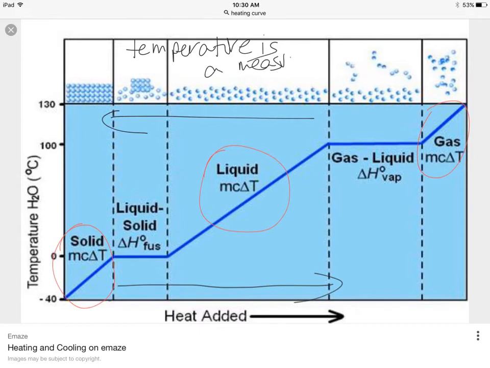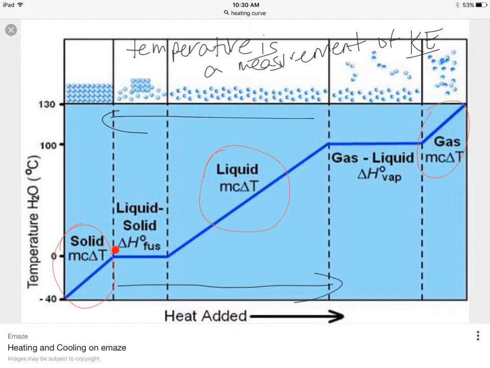This is a review from last year, but it was the beginning of last year that we talked about this. It's a measurement of KE for kinetic energy, energy of movement. So as you heat something, you make those molecules move a little bit faster and a little bit faster, and their temperature goes up. But once you get to this point and something starts melting, that's a magical point, because then you've added enough energy to start making the molecules move farther away.